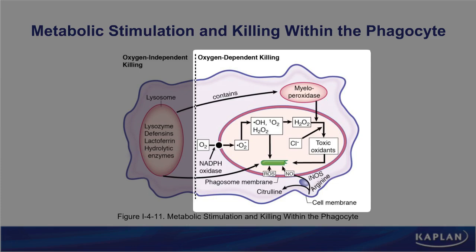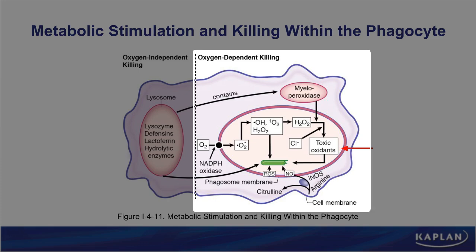Okay? Now, we talked about the immune system being really good at having backup plans. So here's where myeloperoxidase comes in. Myeloperoxidase takes that hydrogen peroxide and essentially converts it to hypochlorite, or bleach, that can also kill a pathogen pretty readily.